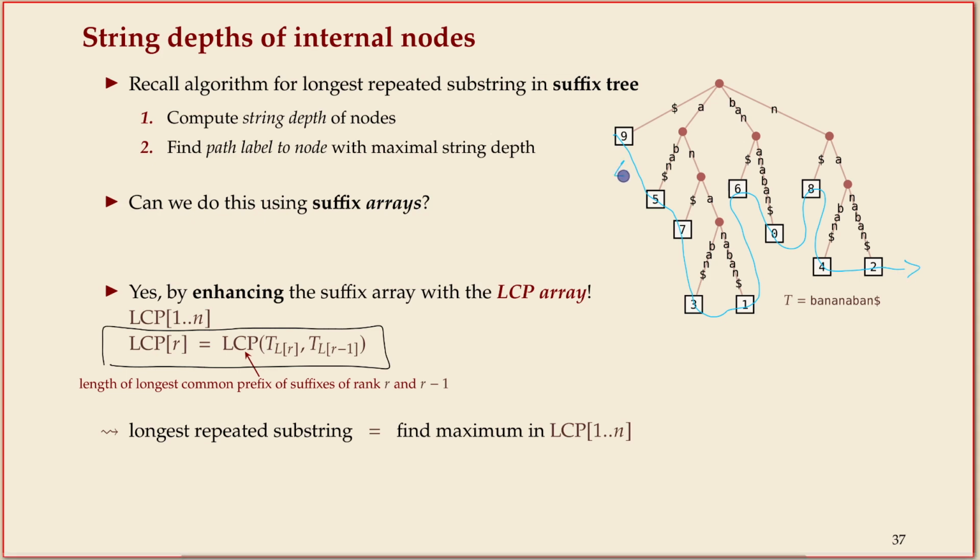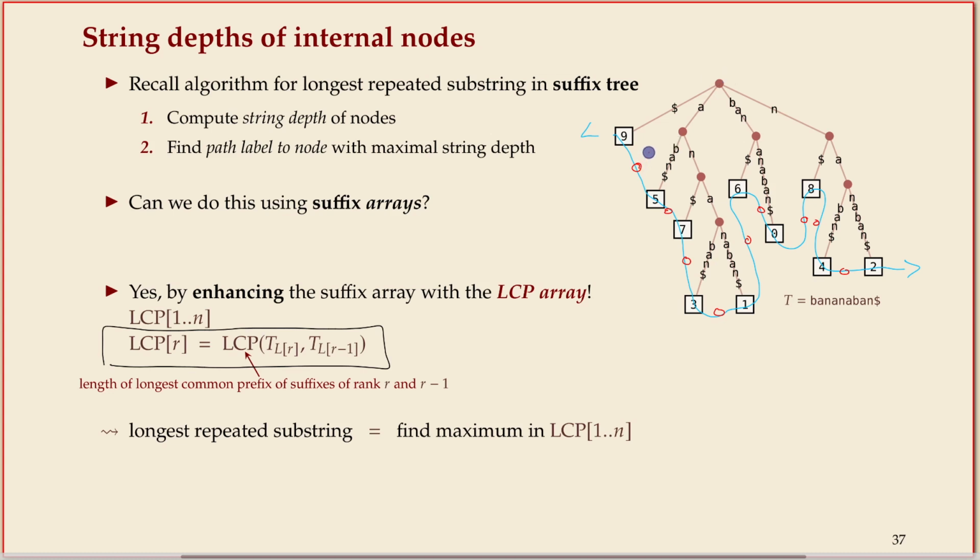That's the leaf array, the suffix array. It has 9, 5, 7, 3, and so on in that order, if you check with the example from before. And the LCP array has for adjacent pairs in here a number, namely the string depth of their lowest common ancestor in the tree.